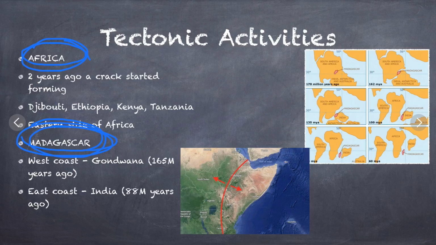Right here you can see Madagascar is between the South American, Indian, Antarctic, and Australian plates, after which South America and Africa broke away with Madagascar's west coast, and then it broke away from the Indian, Australian, and Antarctic plates to form the Madagascar of today.